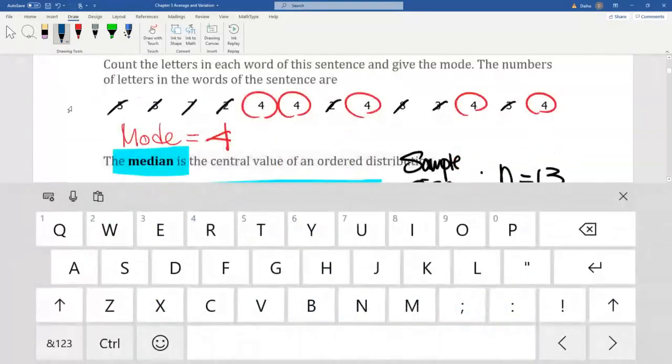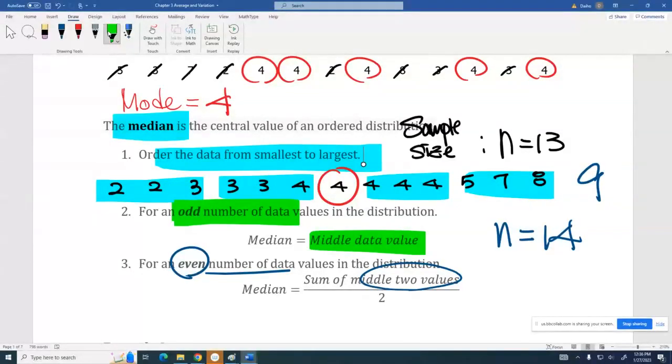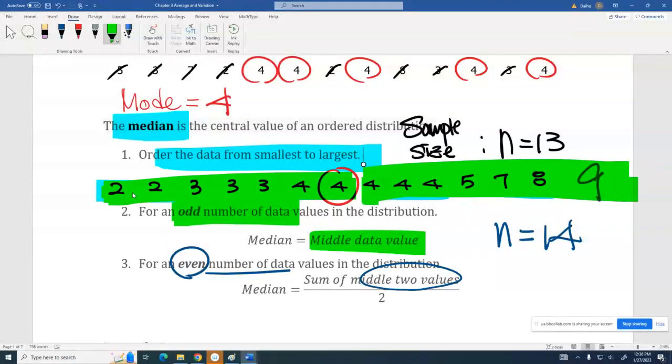Let me add one more, 9 here. Then how many N? 14. Even number. What is the idea? Take the 2 middle values. Anyhow, in any case, the median must be in the middle. So we can take 7 here and 7 there.